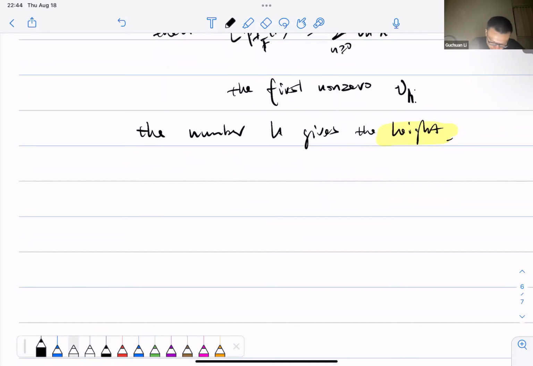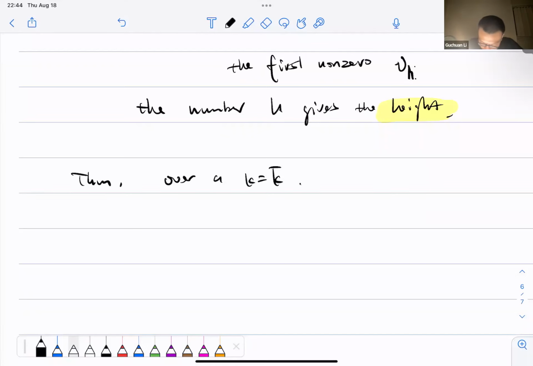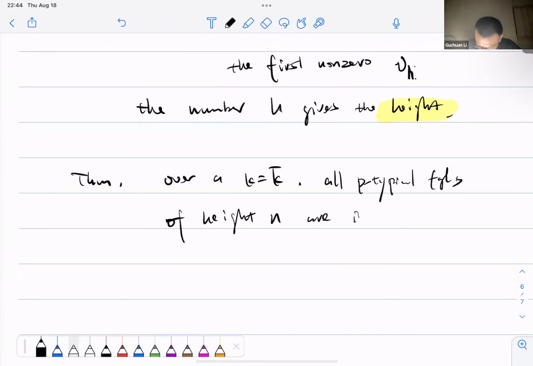So I think it's a theorem: over an algebraically closed field, all p-typical formal group laws of height n are isomorphic to each other.